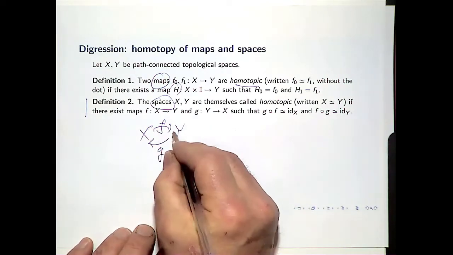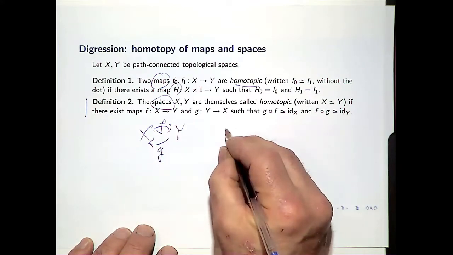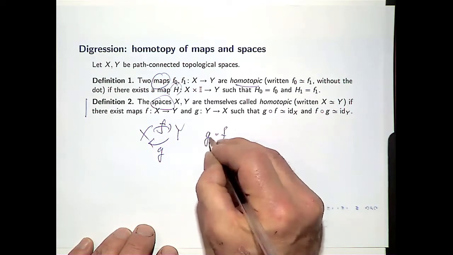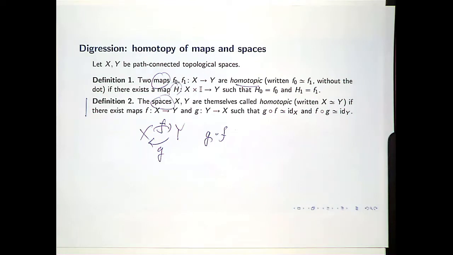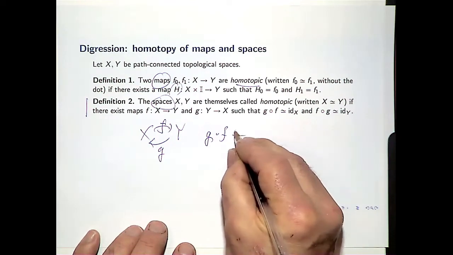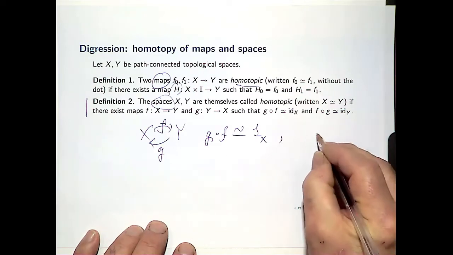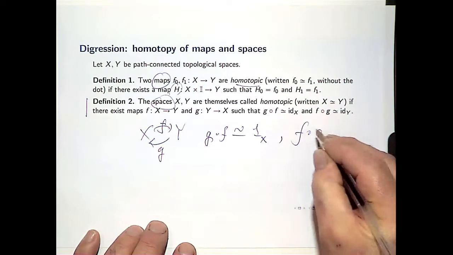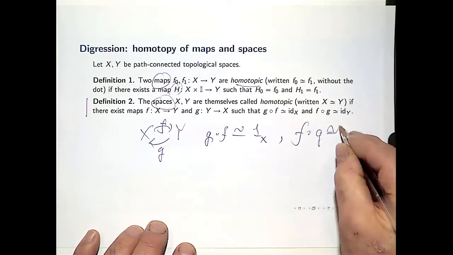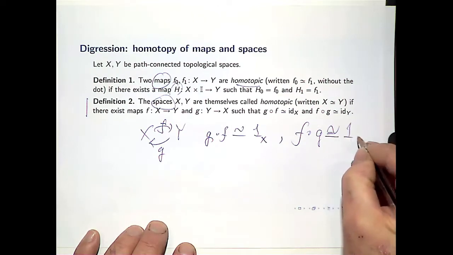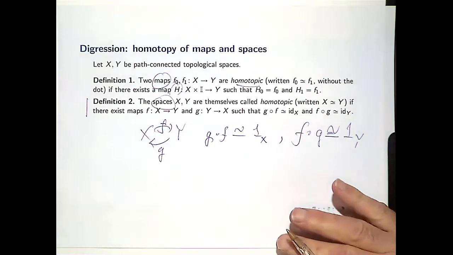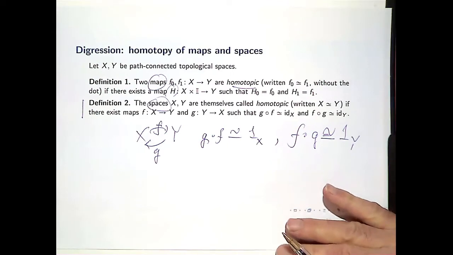But we want that when we do F and then G, it's probably impossible that that be the identity, but I can insist that it's homotopic to the identity on X. And if I do G first and then F, it may not equal the identity, but I insist that it be homotopic to the identity on Y. And that's the notion of two spaces being homotopic.